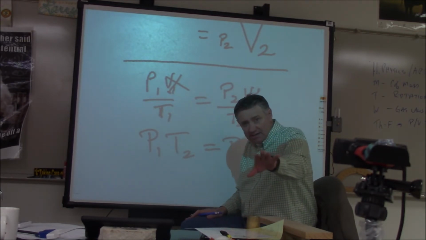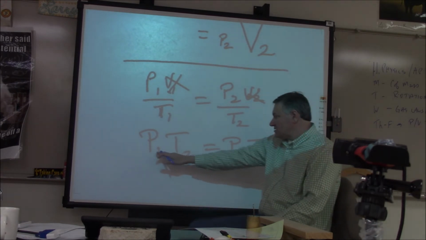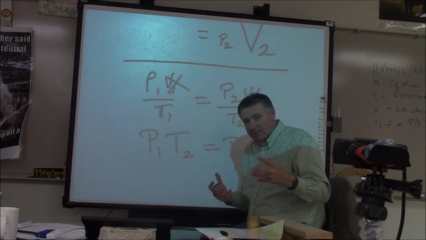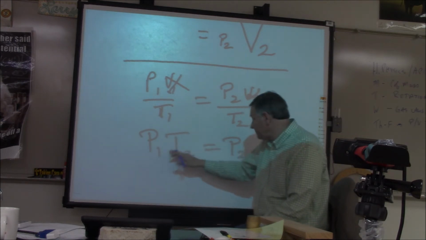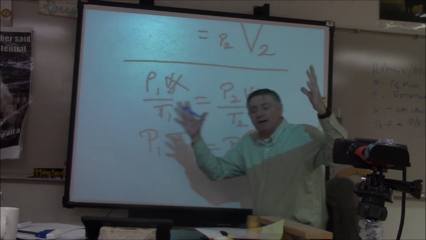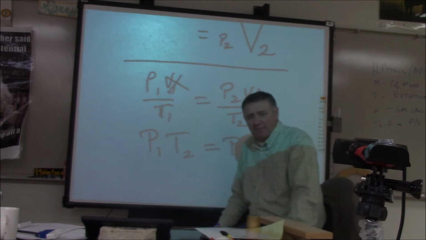Now, the other side could happen. You have P1, T1, let's say that's at a cold temperature. Well, then as your tires heat up, as it warms up, as this temperature goes higher, the pressure is going to go higher because the kids are going to have more energy. Someone gave them a bag of Skittles.